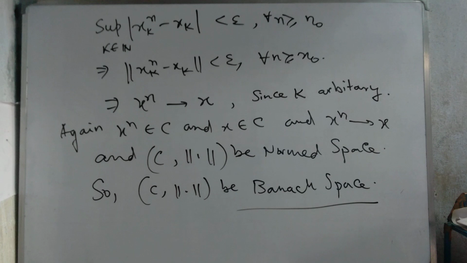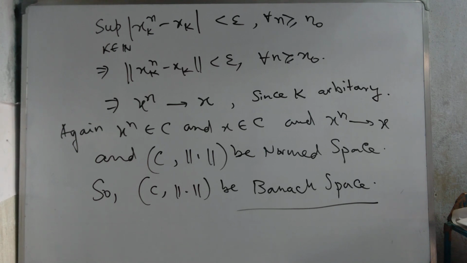We do it too easily, but it is not similar to the other ones. In the last class we also proved some examples of Banach spaces, but this one is somewhat different, because this difference is needed here.